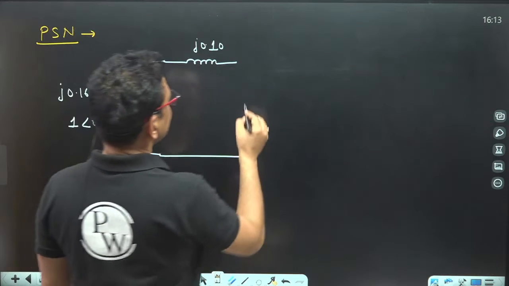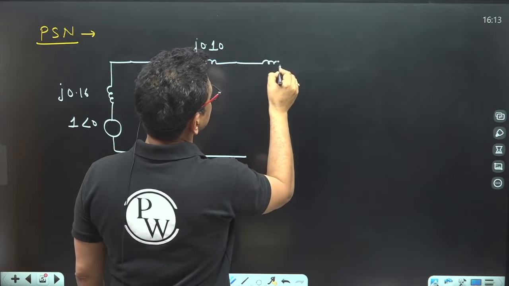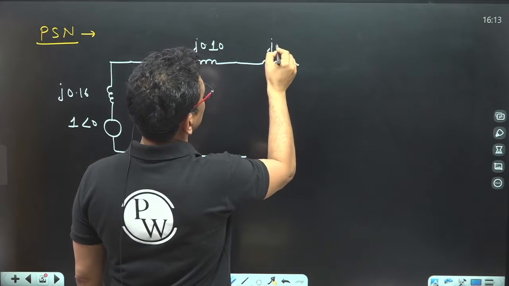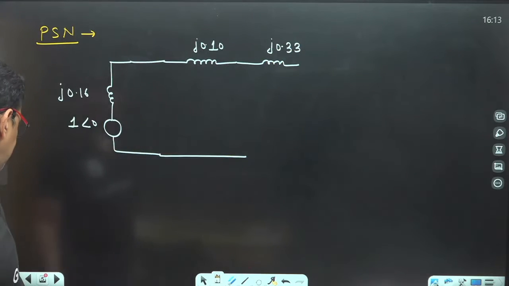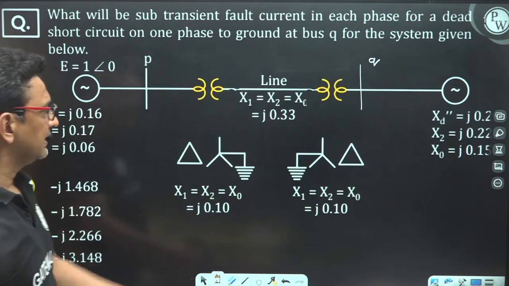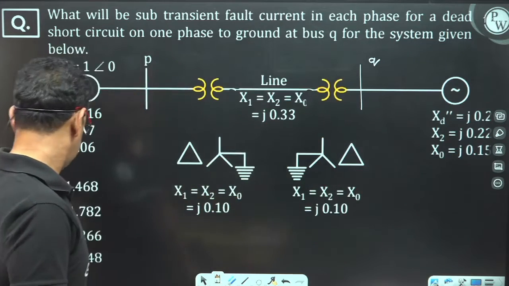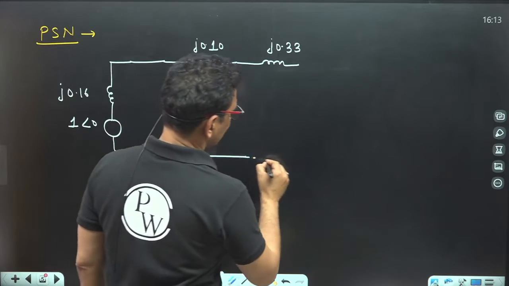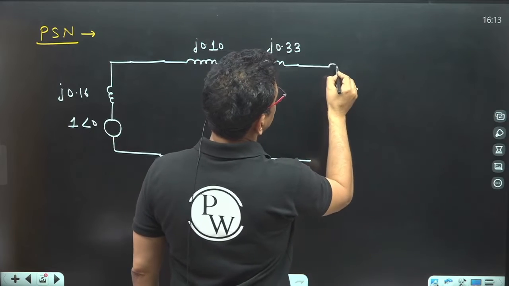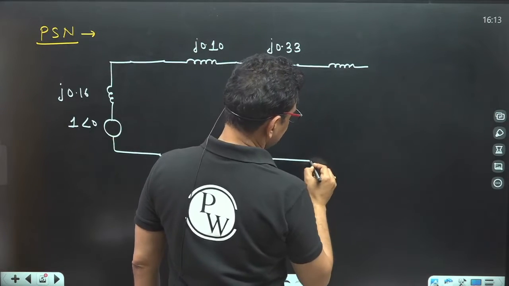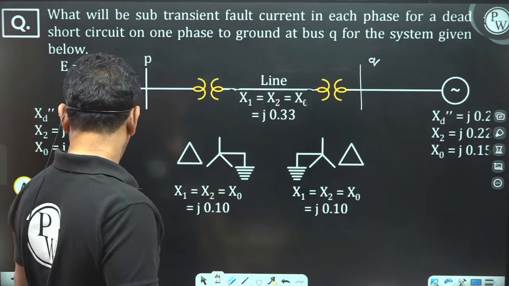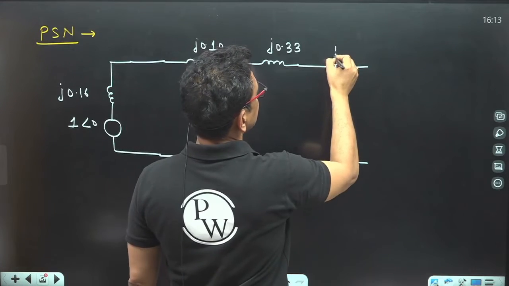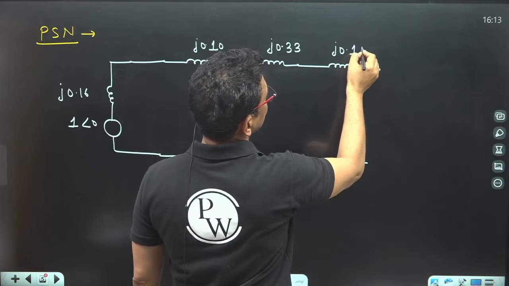The transmission line positive sequence reactance is J 0.33. Then again a transformer. The transformer positive sequence network is nothing but a reactance of value J 0.10.